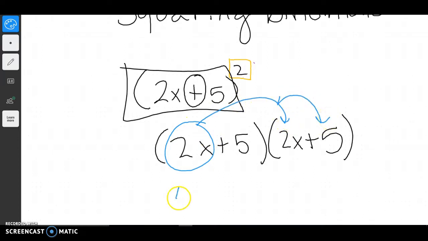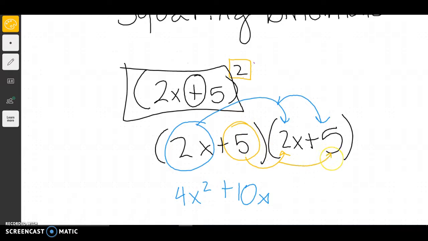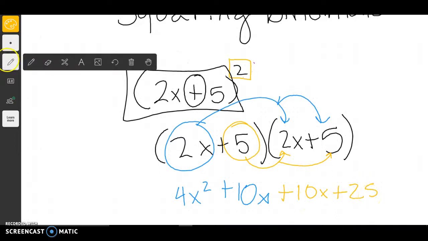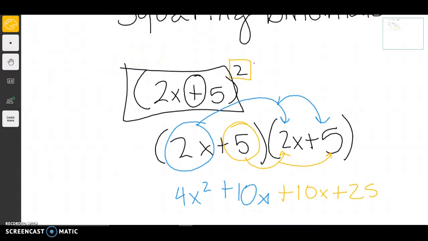So I would get 4x squared plus 10x. Now I'm going to do the same thing. I'm going to pretend like the 2x isn't there, and I'm going to distribute the 5, which I would get 10x plus 25. And now we just combine the like terms here in the middle.